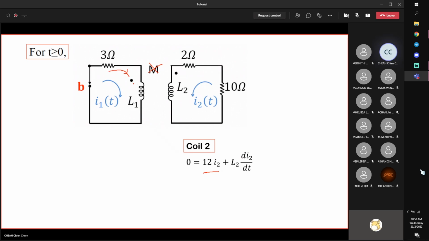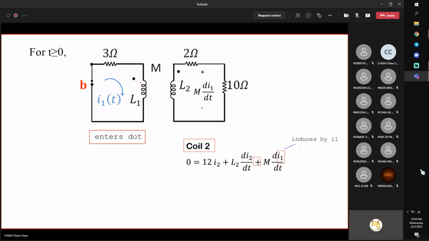Current enters the coil, enters the dot, so positive at the dot on the other coil. Right? And it's M di1/dt, induced by I1. Right? So it's always induced by the other coil. Here it is induced by I1, here it is induced by I2, always the other way around.